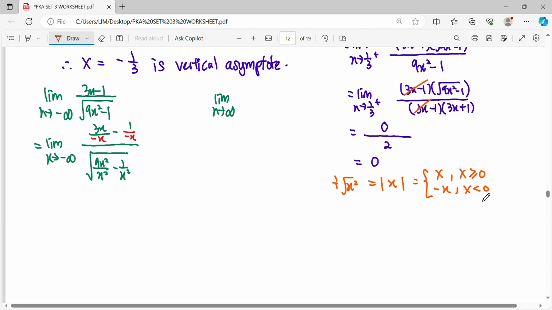The simplest form is negative x. So here we have negative 3 plus 1 over x over square root 9 minus 1 over x squared. Try to evaluate again. Substitute infinity. 1 over infinity, 0. So lastly, negative 1.